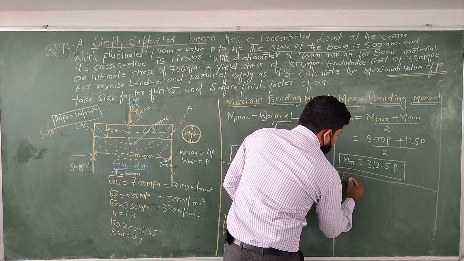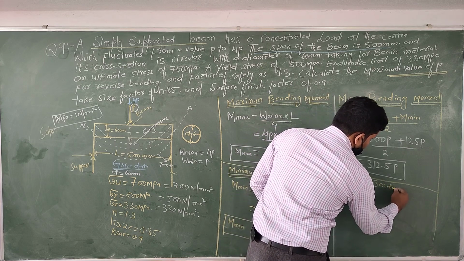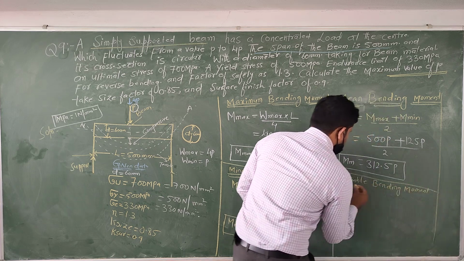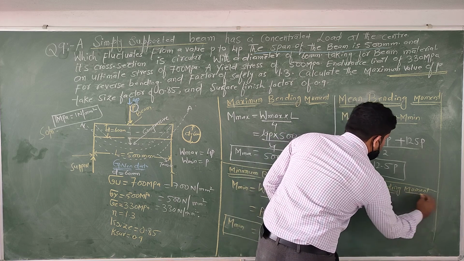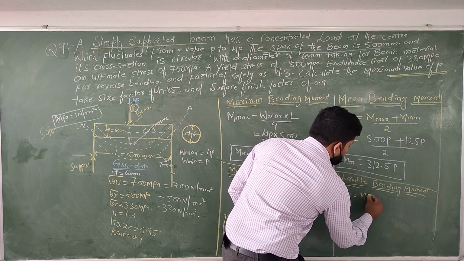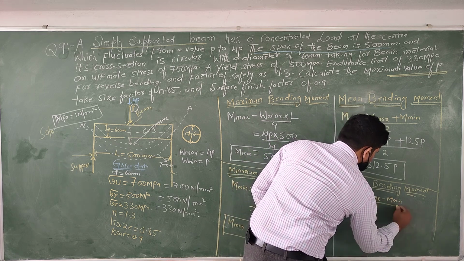Then for the variable bending moment we use the formula Mv equals M max minus M minimum by 2.